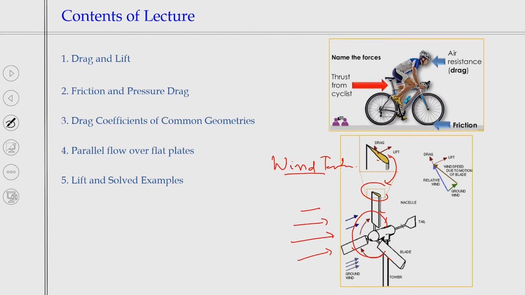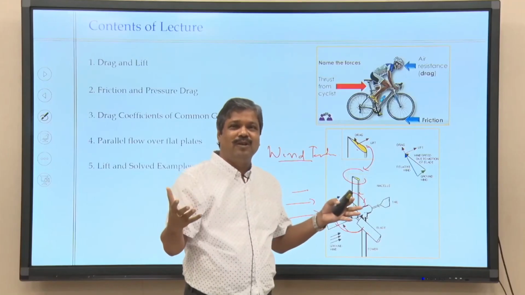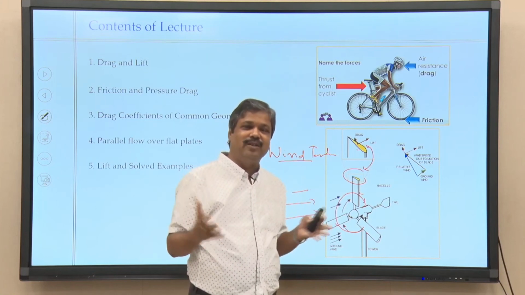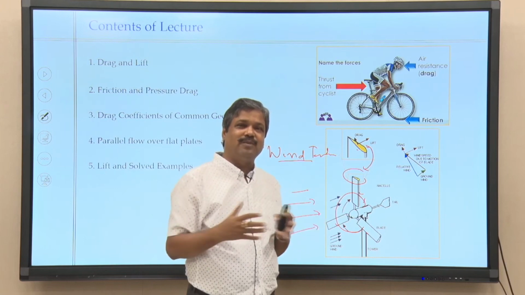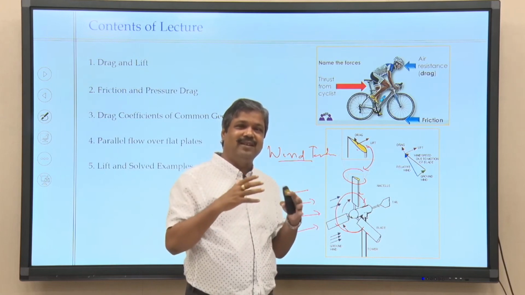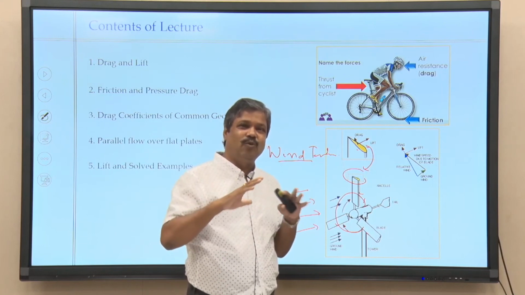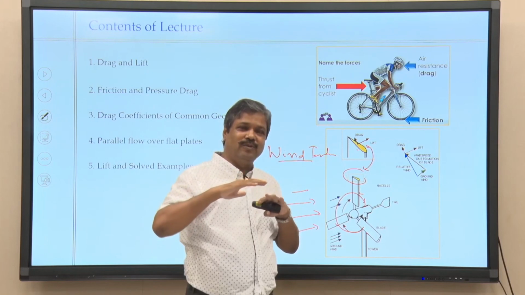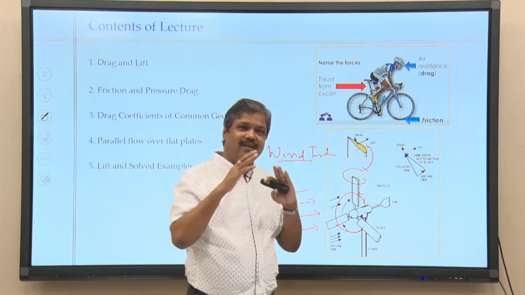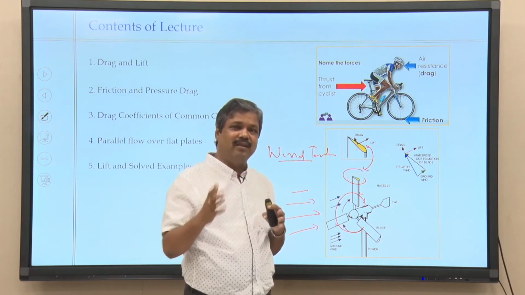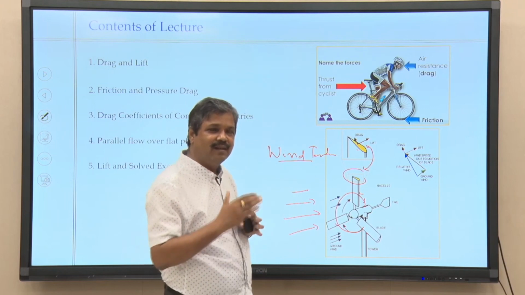More details you can understand in higher classes, but besides wind turbines, you can talk about the cyclist, swimmers, or any gymnastics. If you look at the beautiful part of gymnastics, he or she trains with lift and drag force in such a way that he knows how to change body shapes and also the wind speed, so that he can really perform the gymnastics very well.